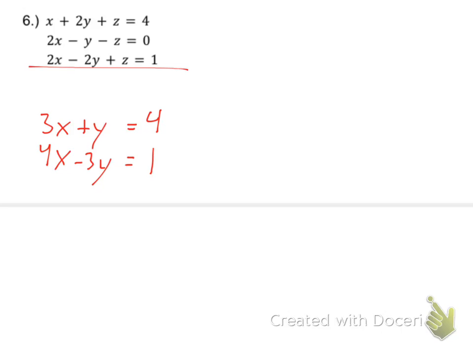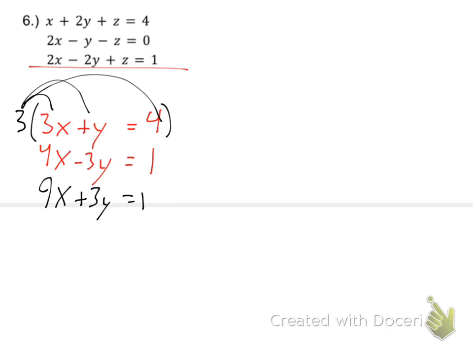Okay, guys. I agree we're going to get rid of the y's. So therefore, I can multiply the top equation by 3. Distribute it through: 3 times 3x, 3 times y, plus 3y equals 12.